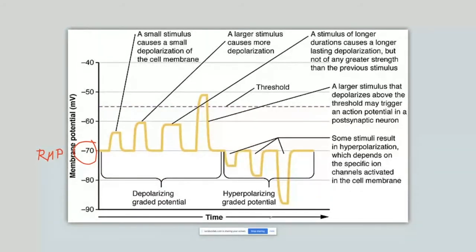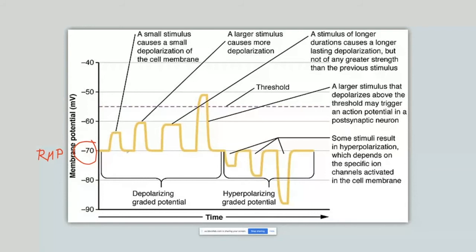This will help to understand the difference between a local graded potential and an action potential. Here we have a stimulus that is small in magnitude. Let's say acetylcholine binds to some receptors in the dendrite, some sodium channels open, a little bit of sodium goes inside the cell, making the membrane a little bit less negative, but just a tiny bit.